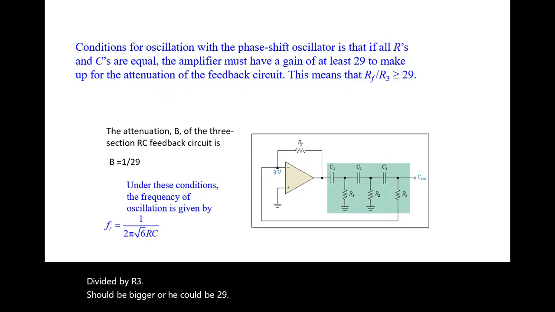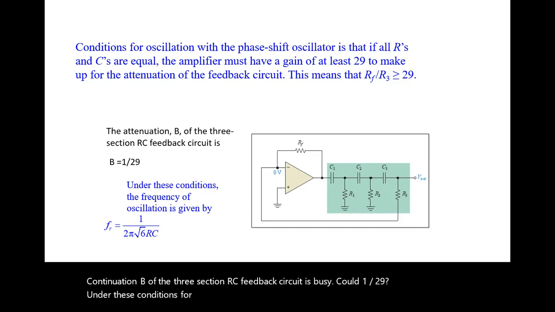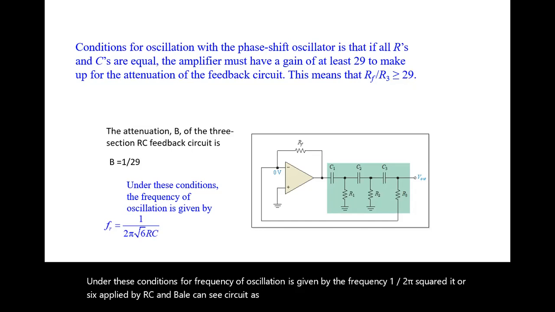Attenuation B of a 3-section RC feedback circuit is B equal to 1 divided by 29. Under these conditions, the frequency of oscillation is given by the frequency 1 divided by 2 pi, the square root of 6 divided by RC. And there you can see the circuit as indicated on this particular slide.